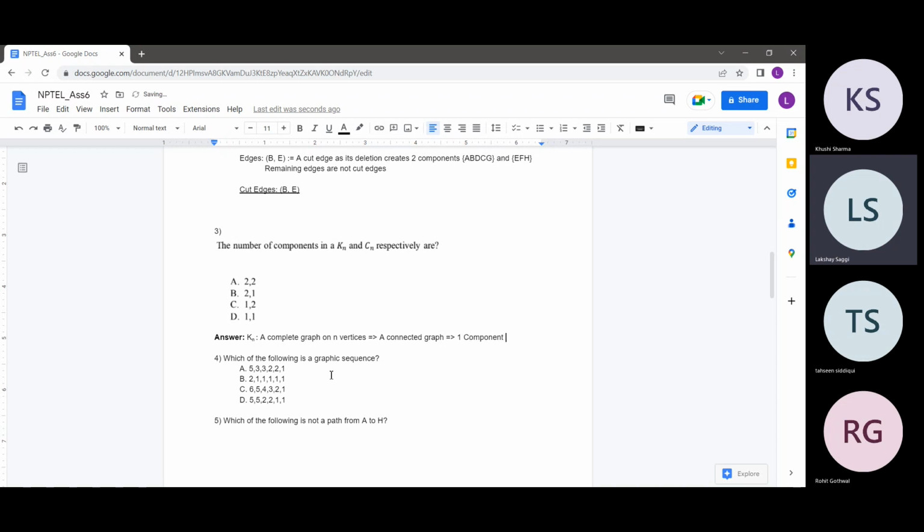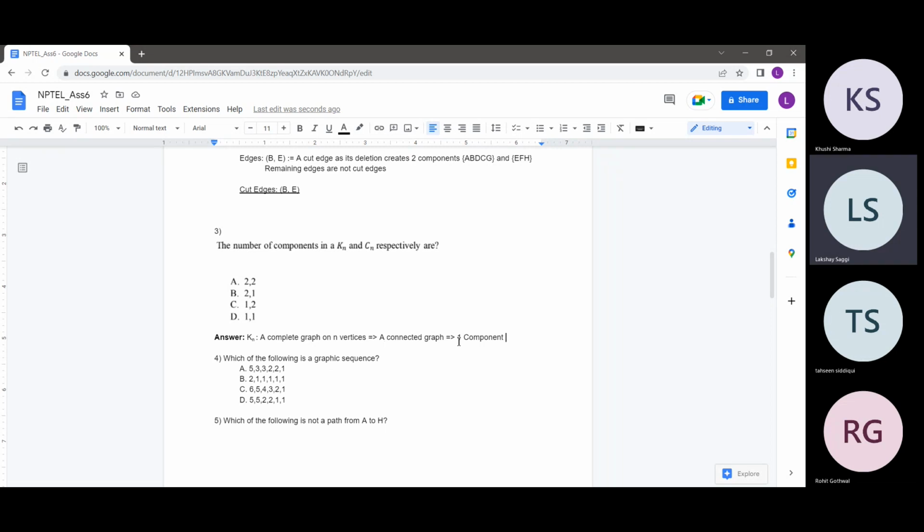By definition, a component is basically the maximal connected part of a graph. If the graph has two components, then there are two connected parts of the graph, which cannot be connected to each other. One component of a graph is a part where every pair of vertices can be connected to each other. Here the graph has exactly one component.